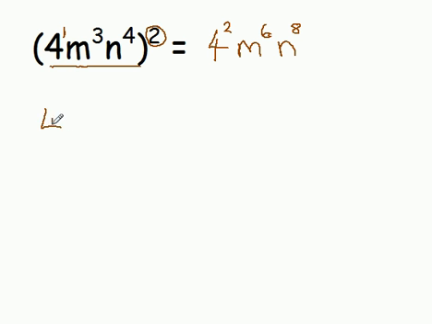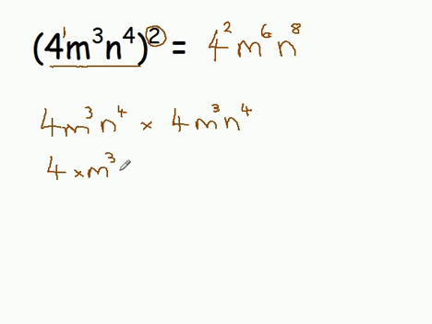So that gives us 4m cubed n to the power of 4 times 4m cubed n to the power of 4. Of course, that's the same as 4 times m cubed times n to the power of 4 times 4 times m cubed times n to the 4.